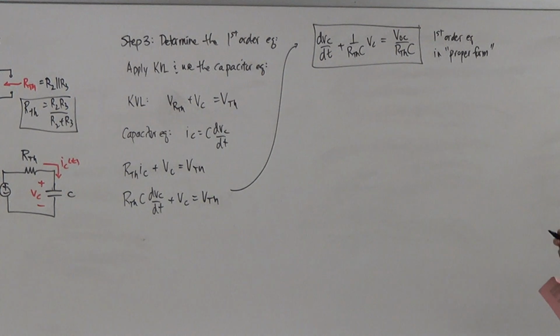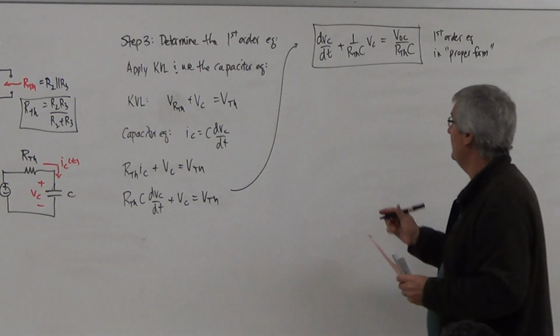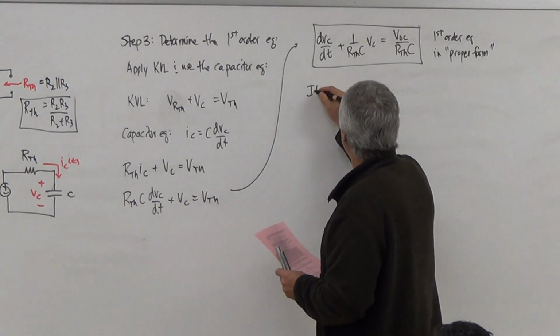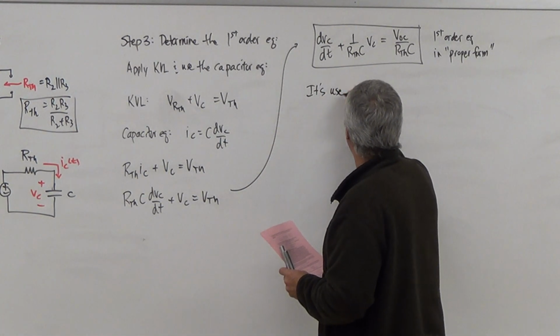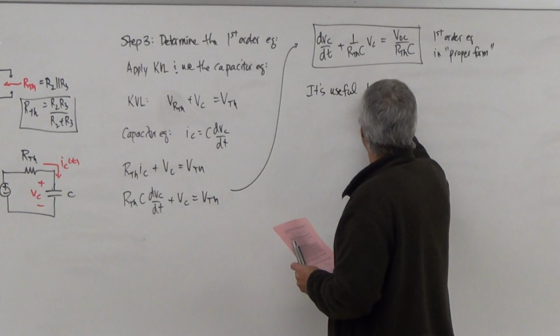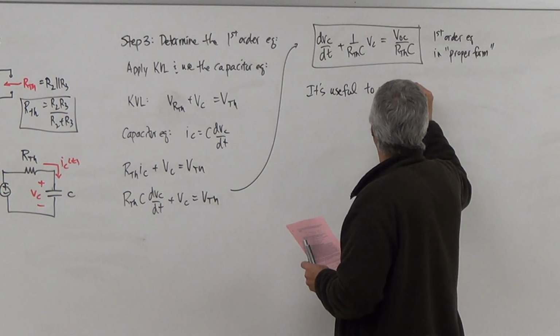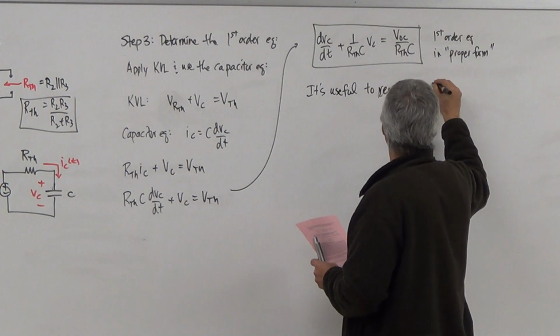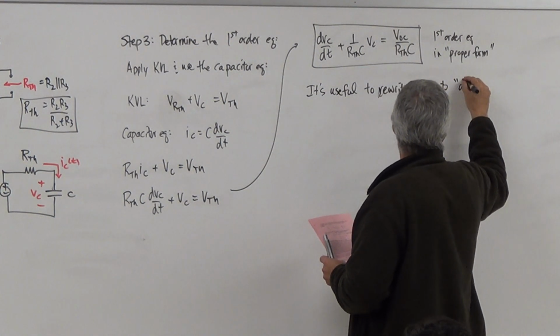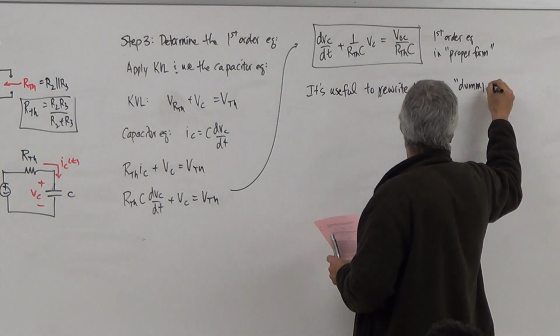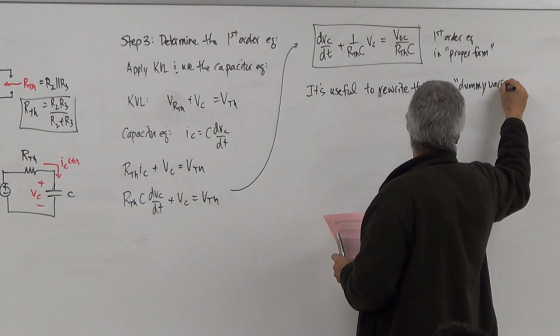So when I do this, what we find is that it's useful to rewrite this into dummy variables.